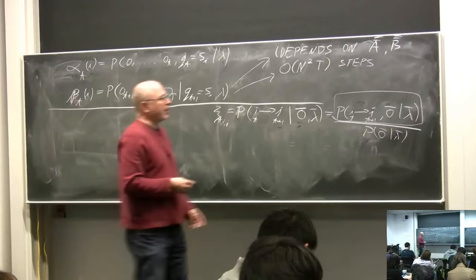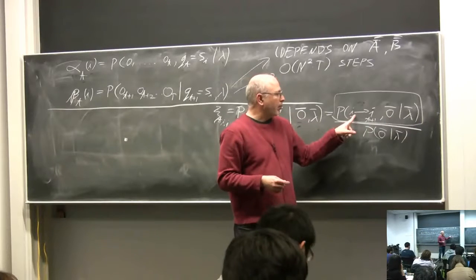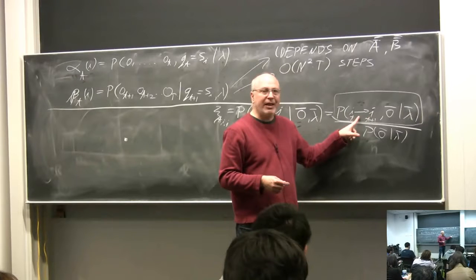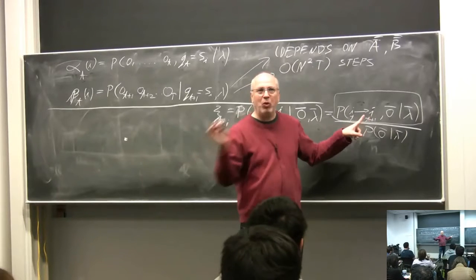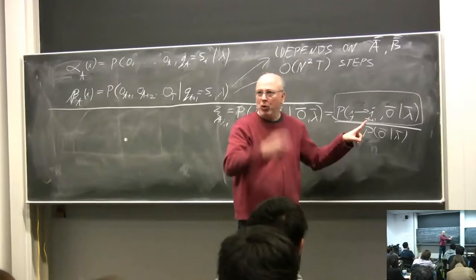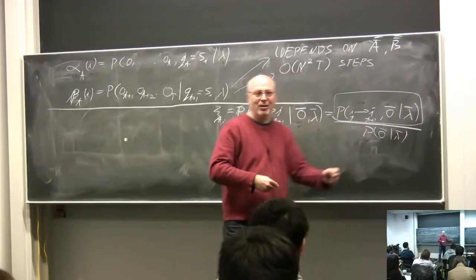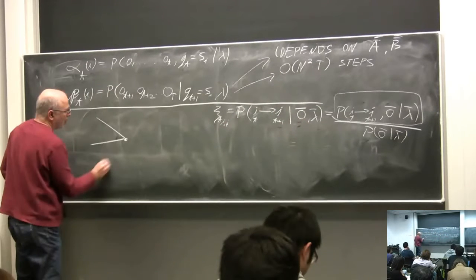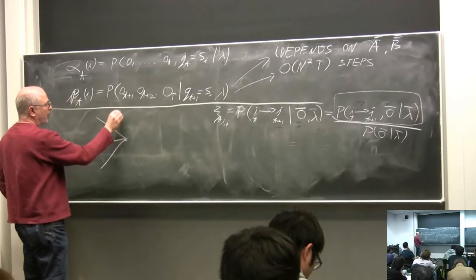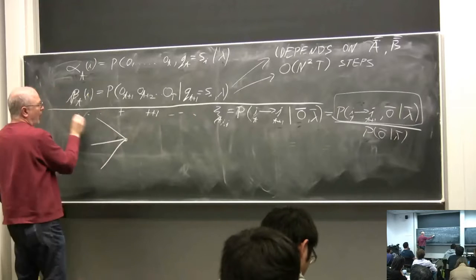To explain the entire data, I need to do exactly this. I don't care what else I did. I don't care where else I was before time t or after time t plus 1. But I do want to insist that I'm at time t in state I and at time t plus 1 in state j. So I will come here. This is time t, this is time t plus 1, and these are other times.